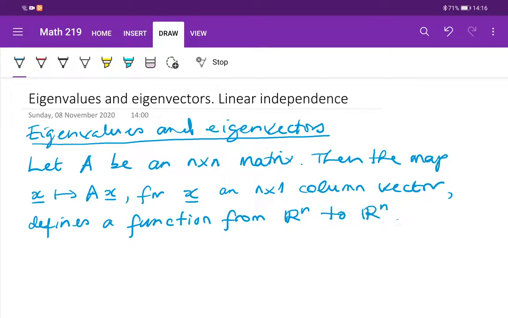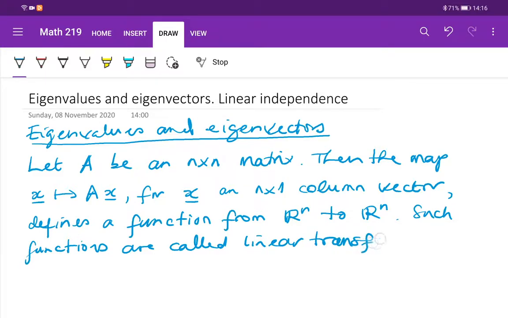And such functions are called linear transformations, and they're studied in linear algebra.